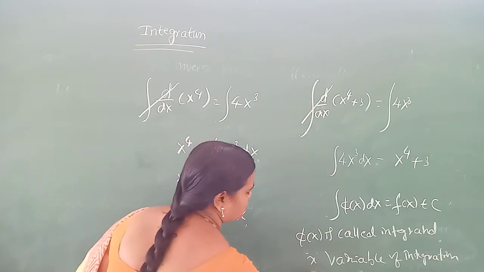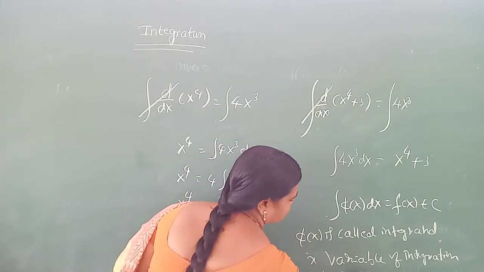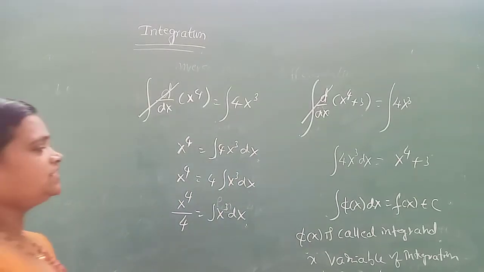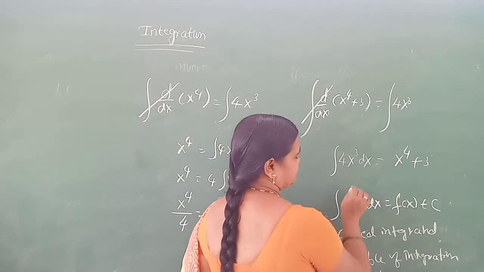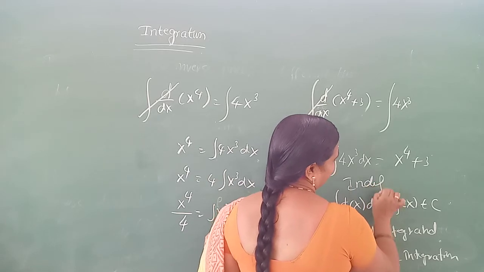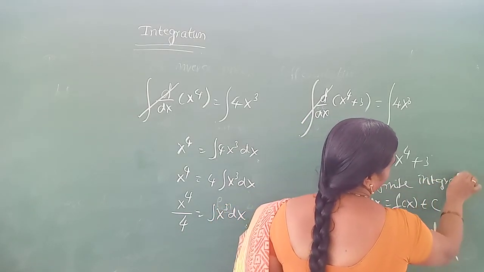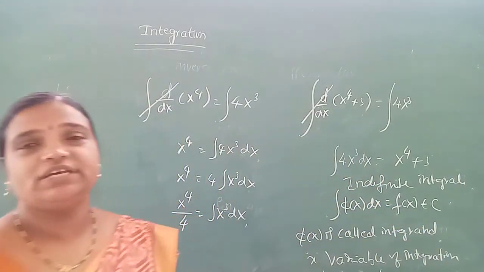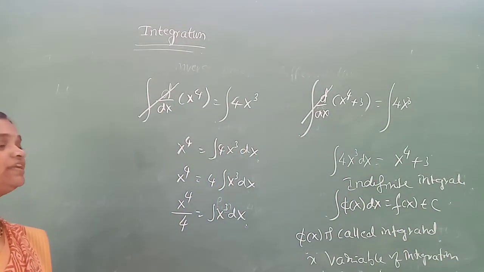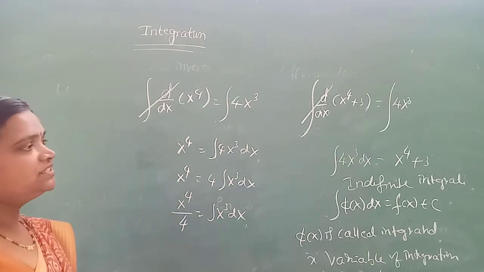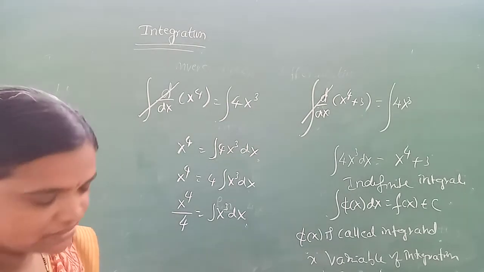And c is called the constant of integration. And this represents what? An indefinite integral. We don't know the exact value of the integration. That's why we say that it is an indefinite integral. This is how we can explain this.